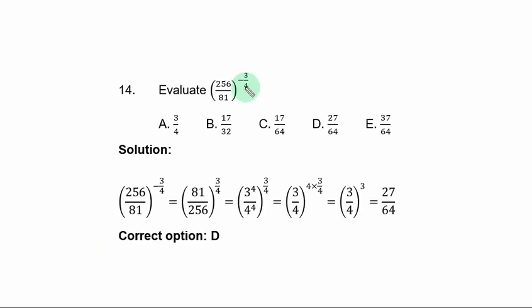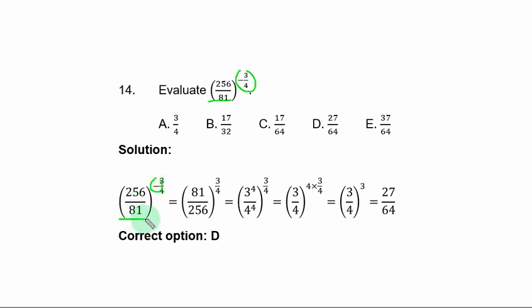Question 14. Evaluate 256 over 81 to the power of minus 3 over 4. Solution. The first challenge is to remove the negative sign from the power.